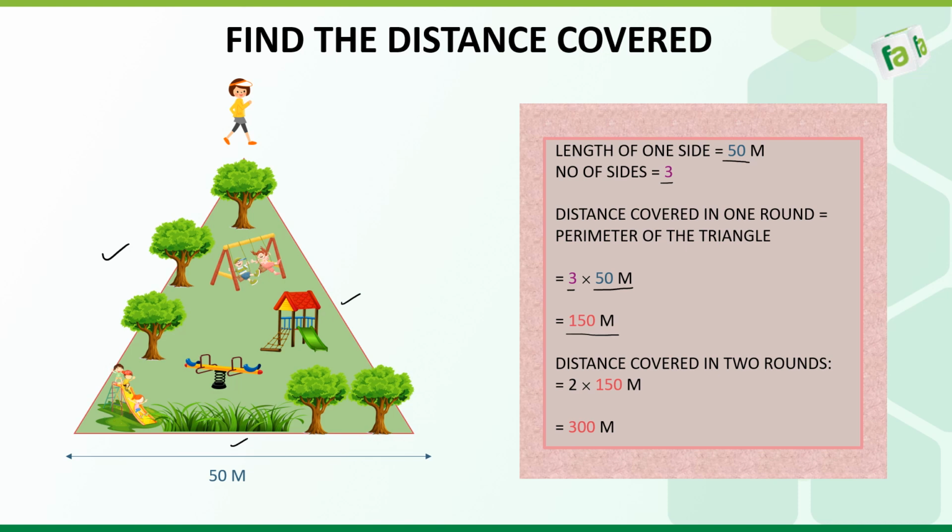Now, we know that she takes 2 rounds of that triangular park. Therefore, we will multiply the perimeter by 2. Therefore, distance covered in 2 rounds is equal to 2 multiplied by 150 meters, which is equal to 300 meters.